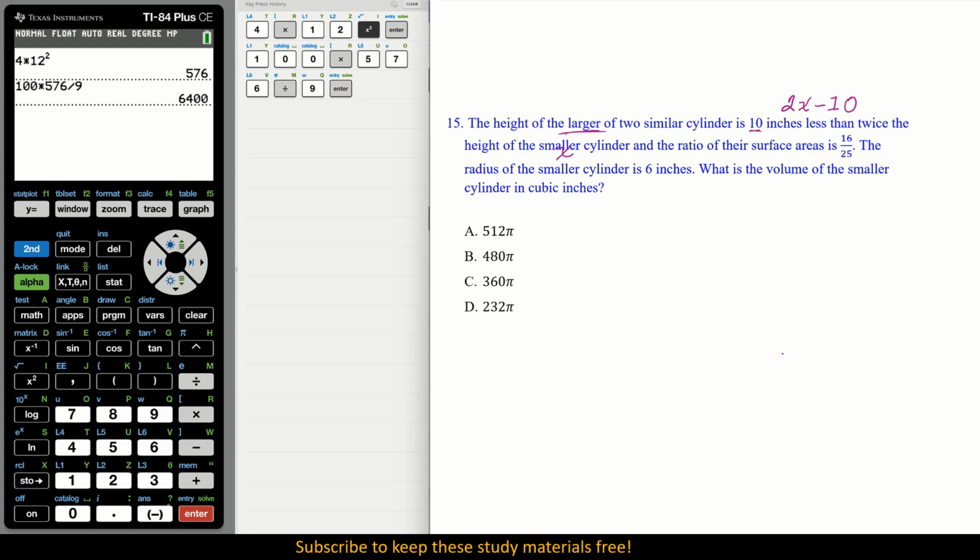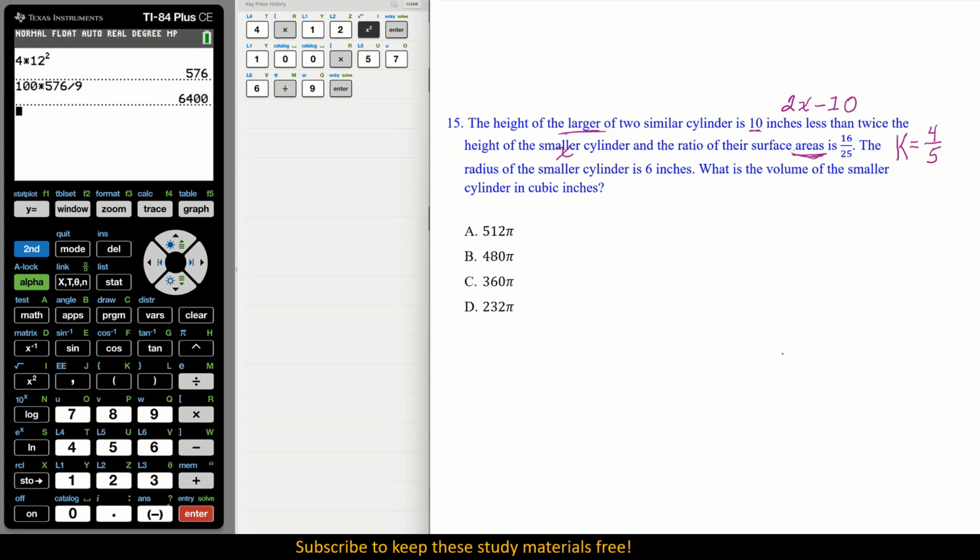And the ratio of their areas is 16 to 24. Okay, that is areas. Okay, but if we want to find the value of the height first, then we need the k, not k squared. So we need 4 over 5 first, okay?